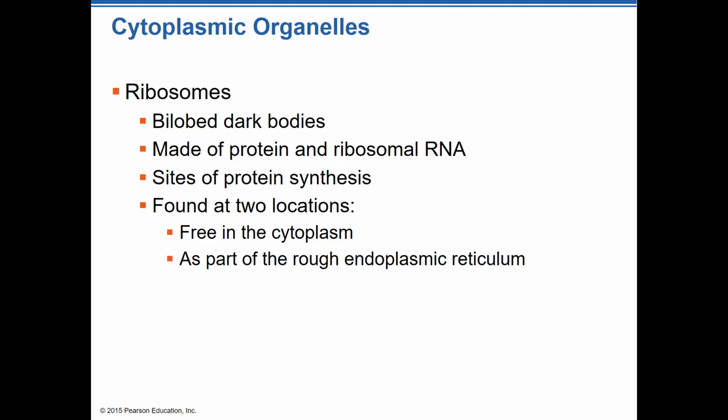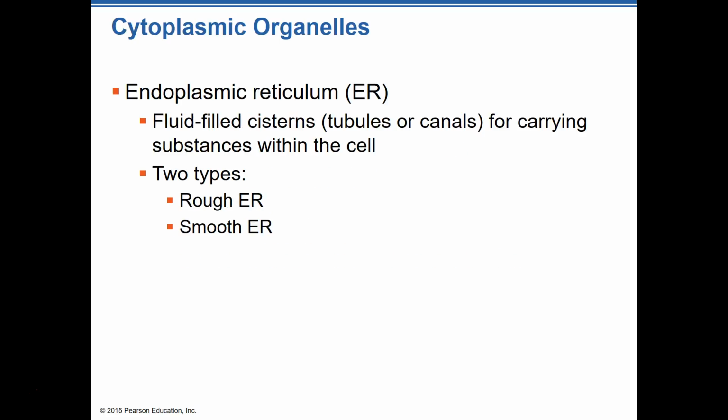And also it says ribosomal RNA is made there too, but mainly what I want you to think of that as is protein synthesis. It's where proteins are made. They are in two locations. Some of them are floating free in the cytoplasm, and the rest of it's on the rough endoplasmic reticulum. It's just where they're located, and that's where proteins are made.